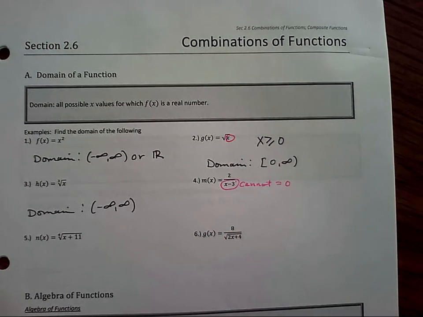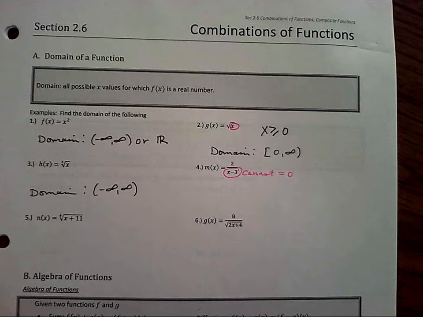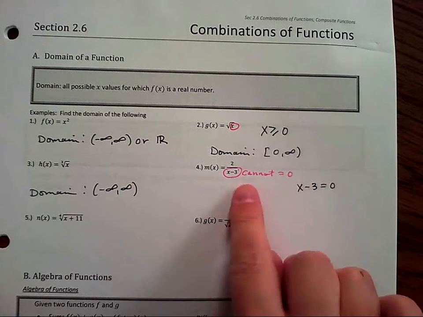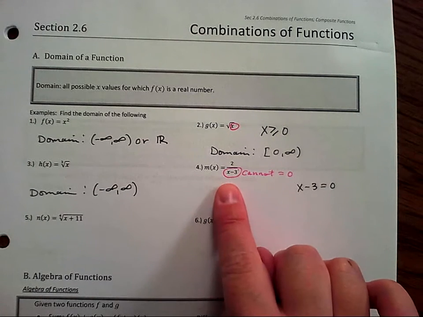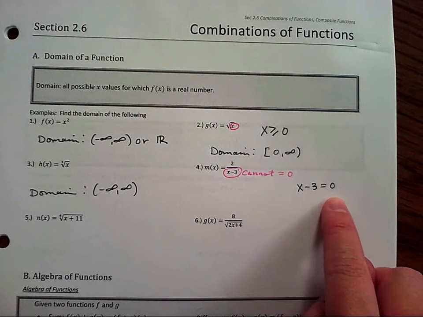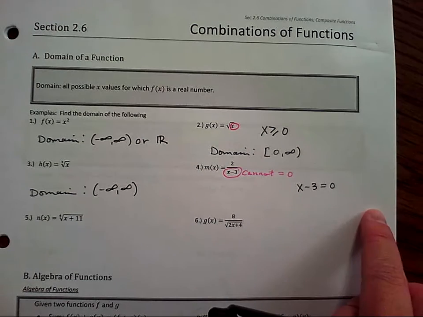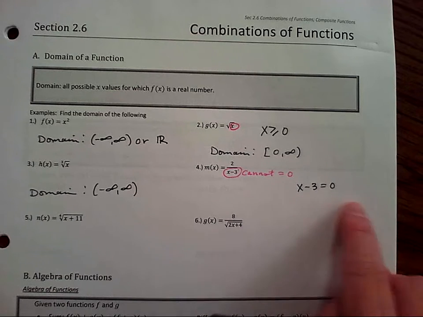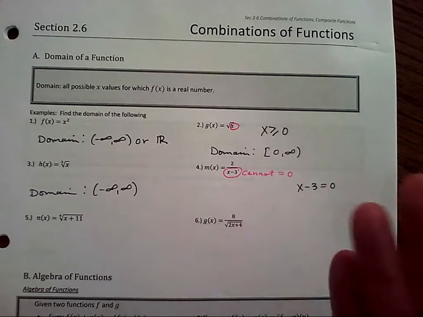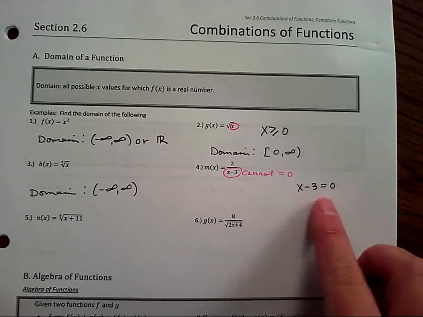So in order to figure out what my domain is, I take the denominator and I set it equal to 0. Because I'm going to find that value that it cannot be. If I say x minus 3 does not equal 0, well, x minus 3 does not equal a lot of things. So in order to use the ideas of math, what you do to one side, you do to the other side, you have to have the equals.